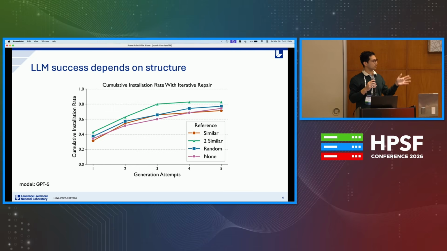But what you see is that if you combine the iterative loop where you tell it to generate a package, you have it access, you tell it do spack list to test syntax, do spack spec to do concretization, and then spack install, and do that in a loop, in combination with these references that give it an idea of how other Spack packages are written, you get a pretty substantial improvement over time. And I wouldn't be surprised if you use newer models that this would be even better.